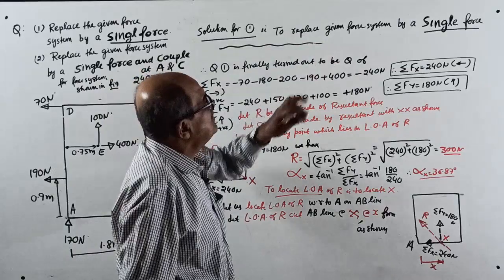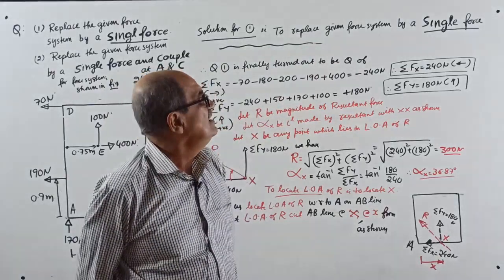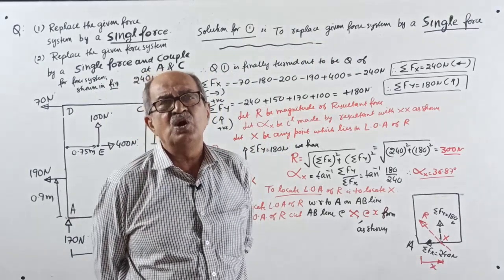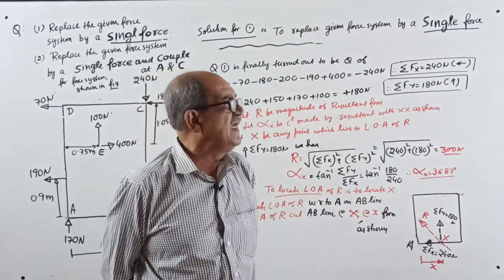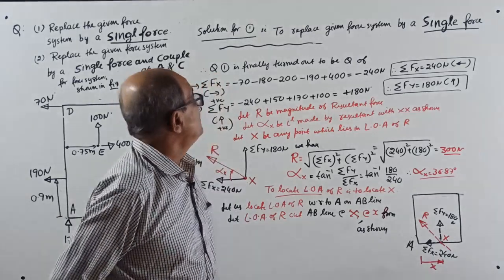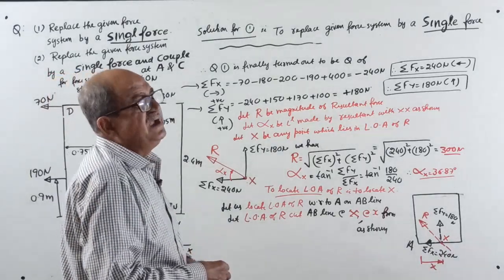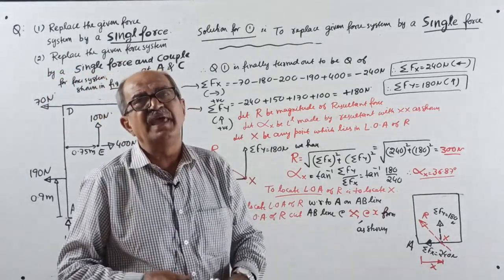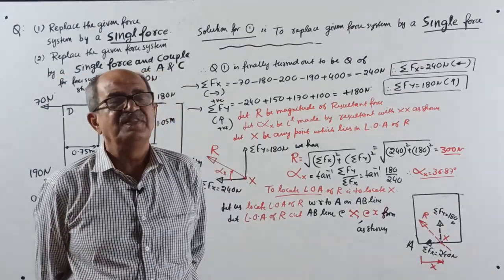Replace the given force system by a single force means they should never give a point. If they give a point, the person does not know anything about the subject. He is zero in the subject. I will tell that way. If someone tells by a single force at C or A, he does not know the subject. That's all I can comment. Common sense is not there. Structural knowledge is not there.